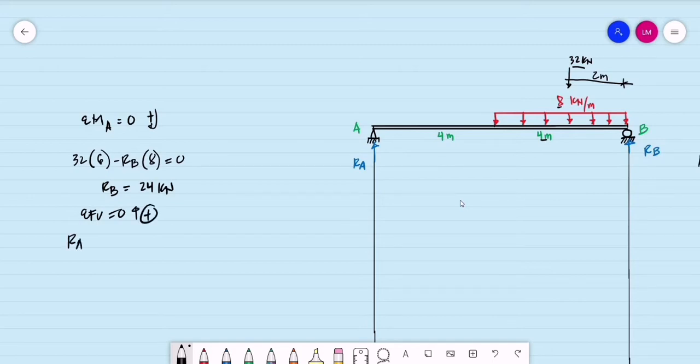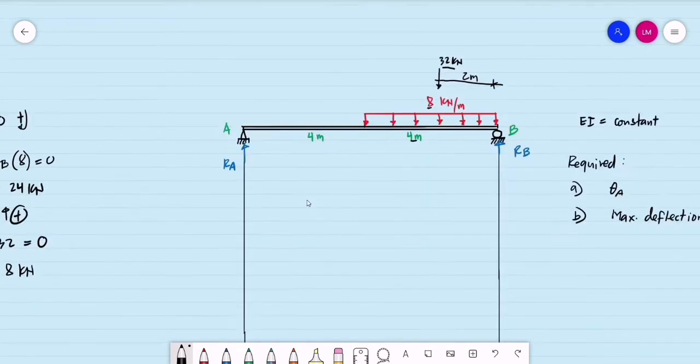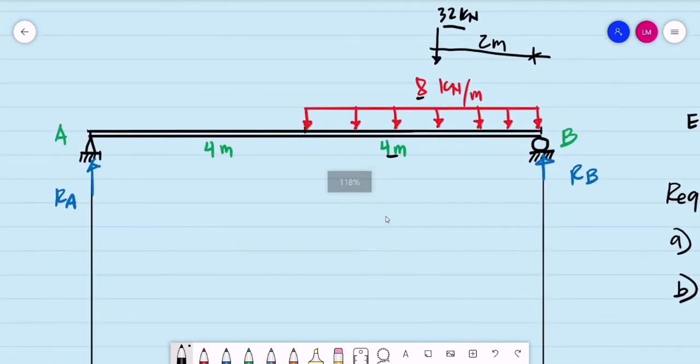So R sub A plus R sub B, which is 24, minus the downward load 32 kilonewtons equal to 0. 24 minus 32 is negative 8, so transposing, the reaction at A is equal to 8 kilonewtons. So we have now the support reactions: R sub A is equal to 8 kilonewtons and R sub B is equal to 24 kilonewtons.